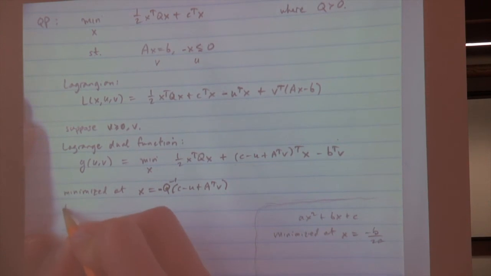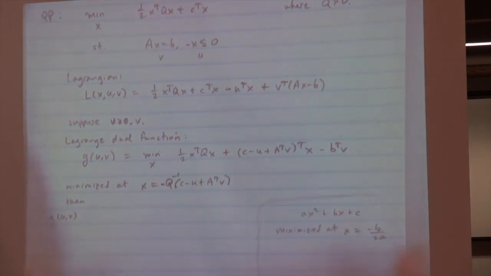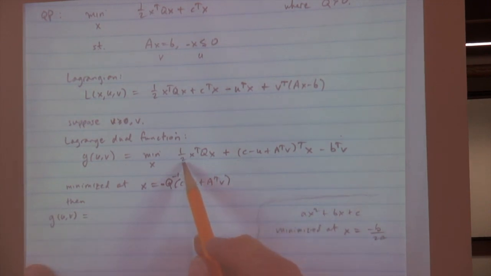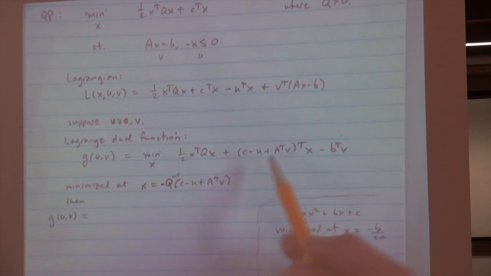So we get g of u, v equal to, in this case, plus 1/2 times c minus u plus a transpose v, transposed, q inverse, times itself. We get minus 1 times that same quantity from here, and b transpose v.